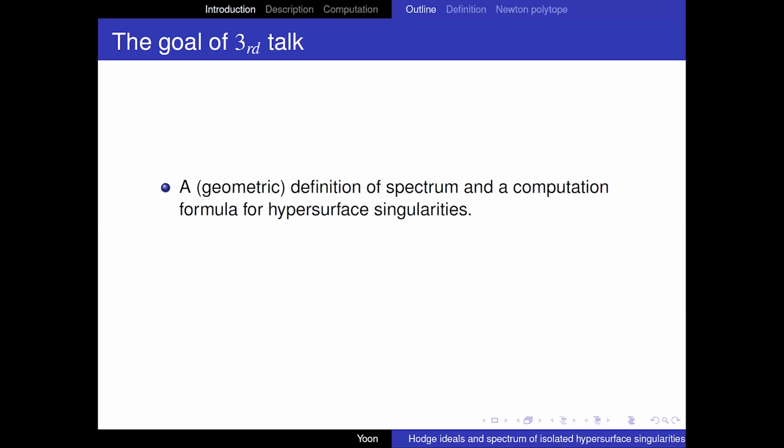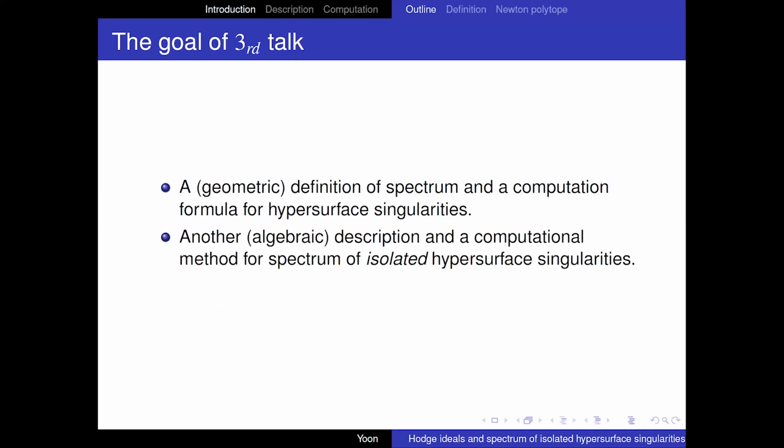Last time I didn't give any definition of a spectrum, and so I didn't give any calculation method either. So today I'm going to cover such topics, especially for isolated surface singularities. That's what we did in our theorem.